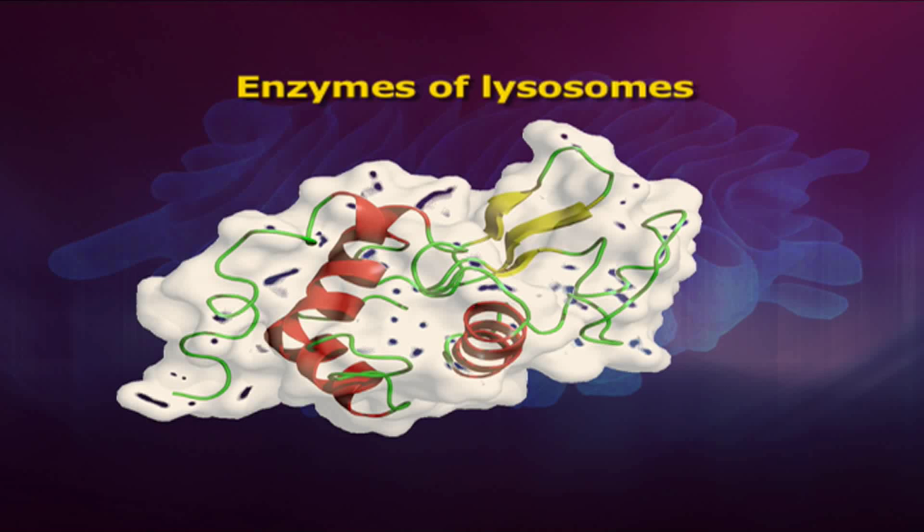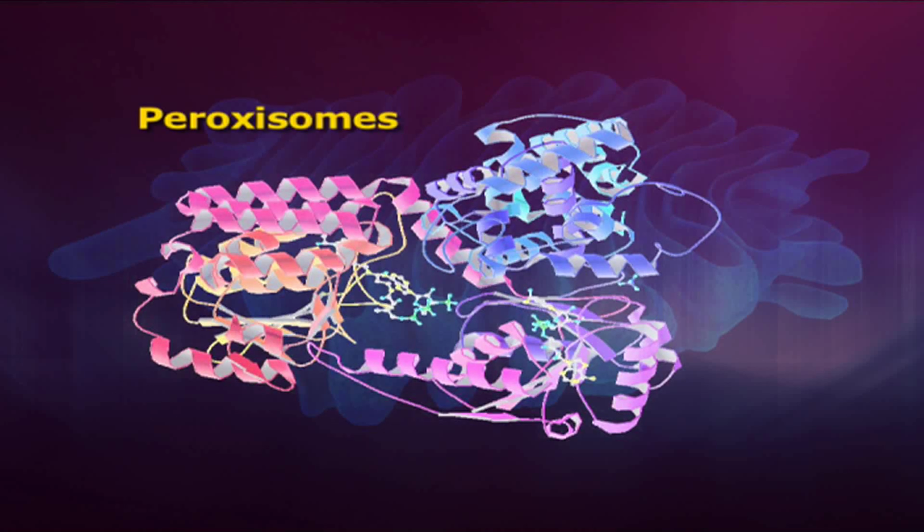The enzymes of lysosomes and peroxisomes of animal and plant cells are produced by a kind of secretory process. Cell secretory activity appears even in the prokaryotic cells, producing the cell wall and secreting a variety of enzymes to the medium.